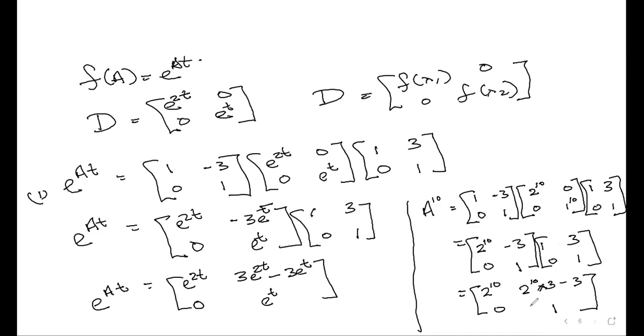All right, so you get the general form. The element in the last matrix is kind of cut off, but let me put 2 to the 10 up here.